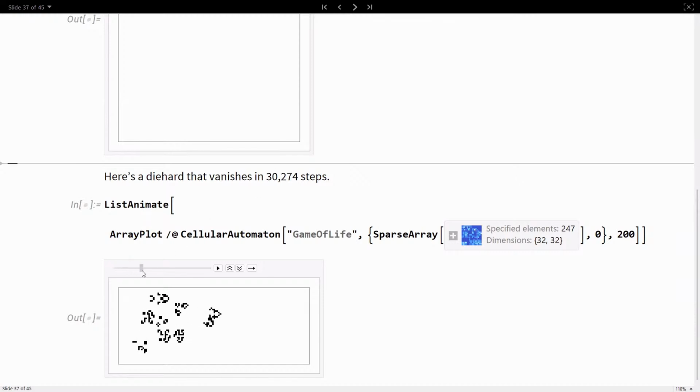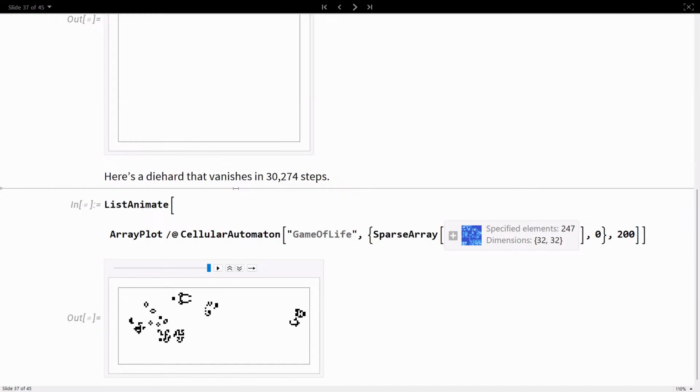I don't have all 30,000 steps here, but the idea is you have these different spaceships of different periods, and you've basically set up something so that eventually a faster spaceship is sent out here to go and kill this one, and eventually these other spaceships will crash into it and produce a reaction that sends back a spaceship which destroys everything that's left.